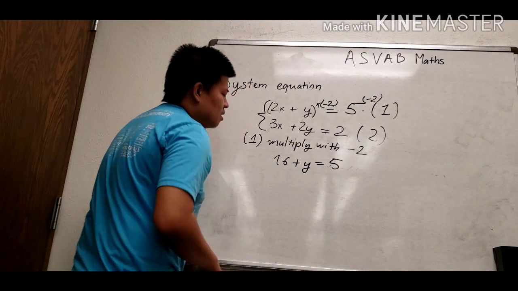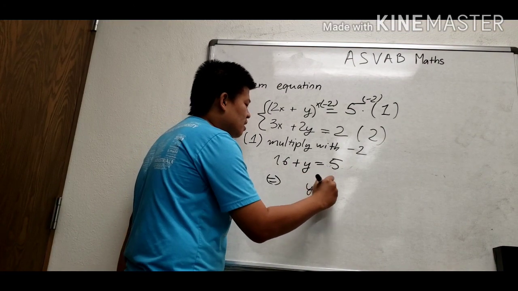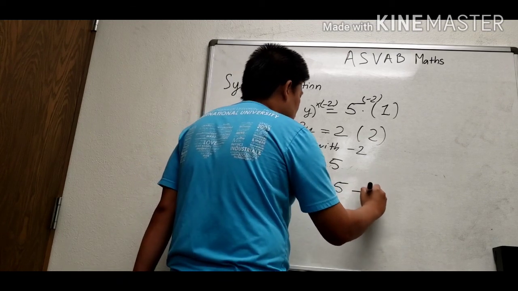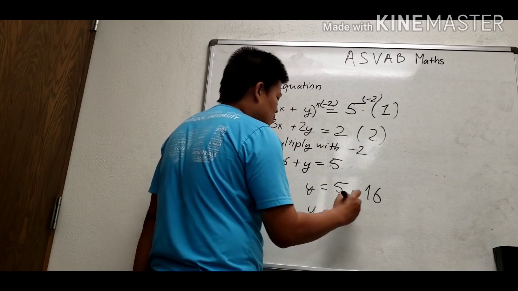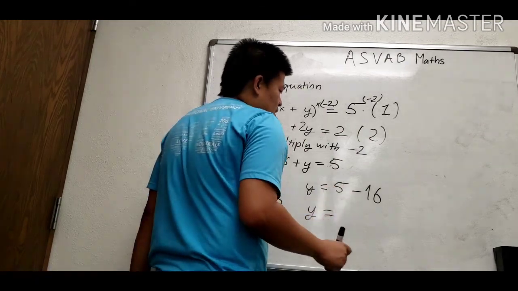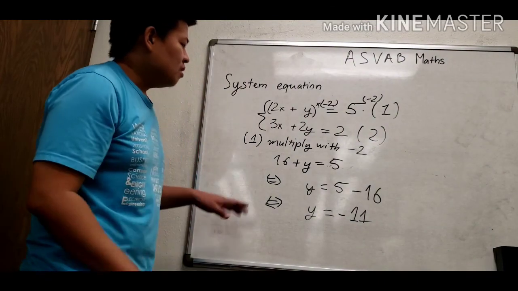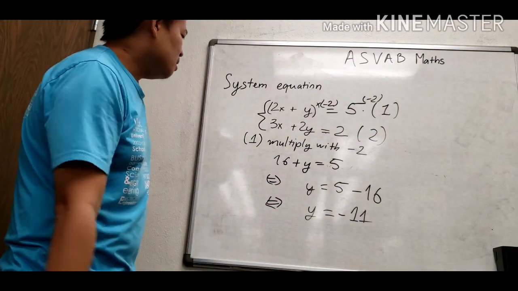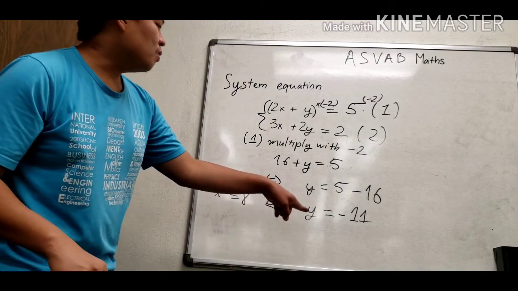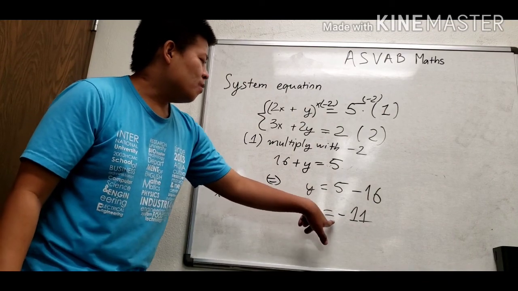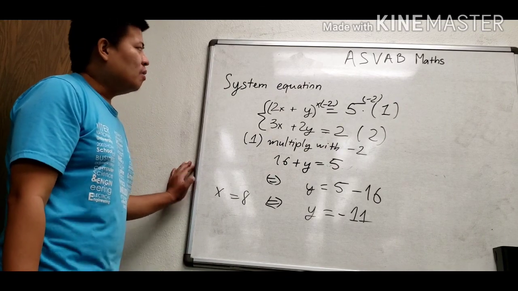We see that 16 plus y equal to 5. y is equal to 5 minus 16, so y equal to -11. Therefore, we can get the true solution: x equal to 8 and y equal to -11.